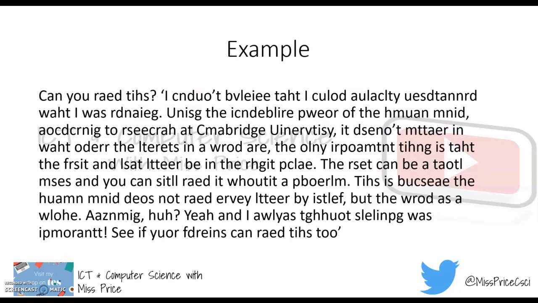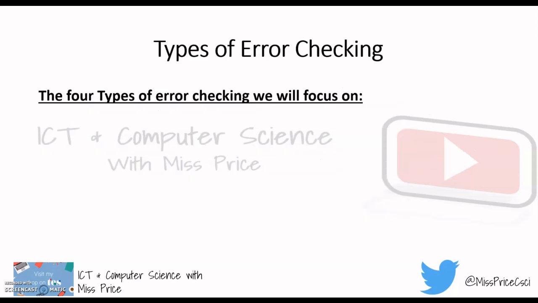Here's an example. You would not want to receive your data like this. Not at all. Now, a computer doesn't know that there's something wrong with this. A computer has no idea unless we tell it. There's a minor check that appears on your computer, for example, a spell check.